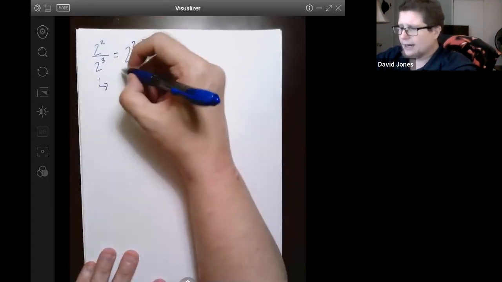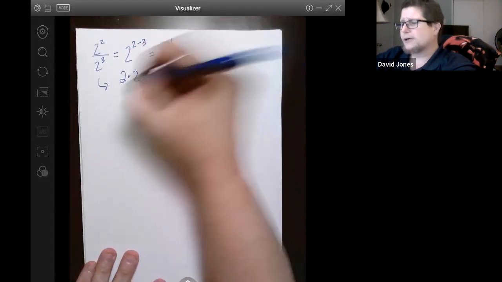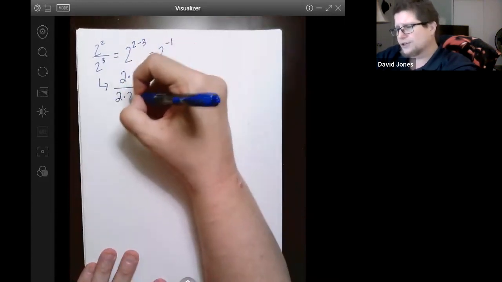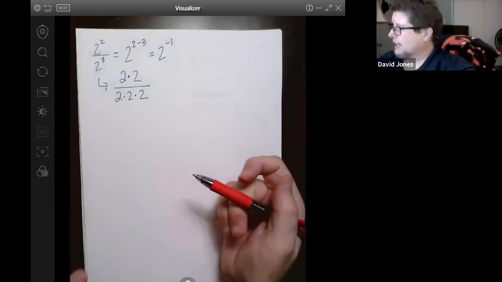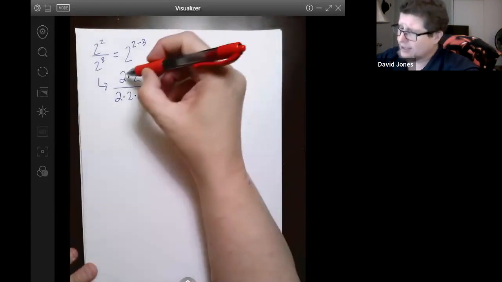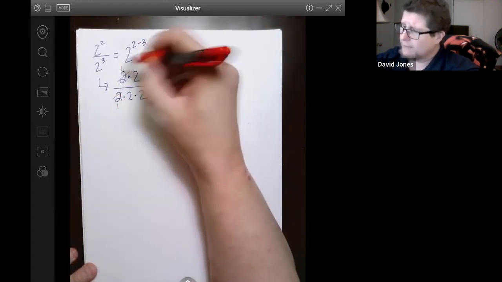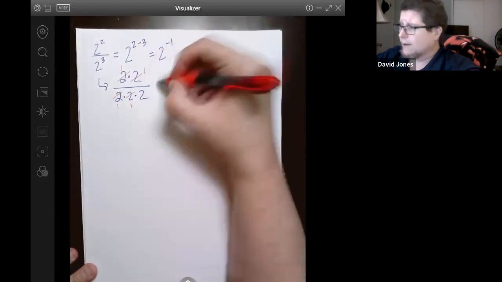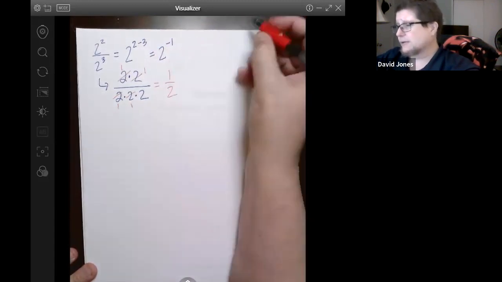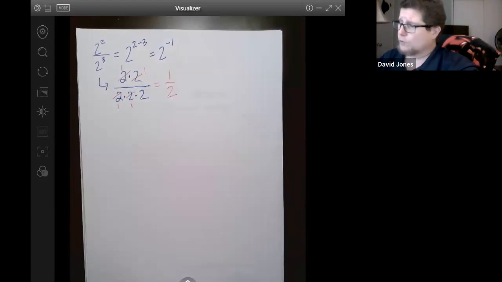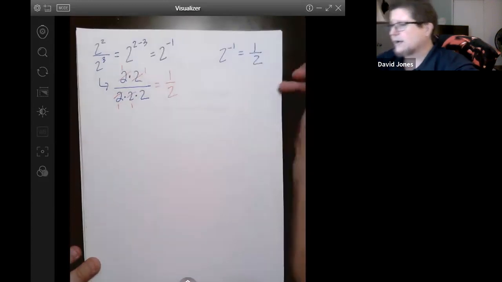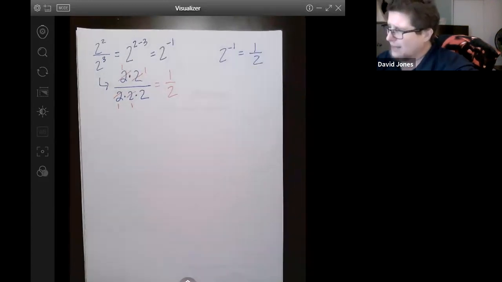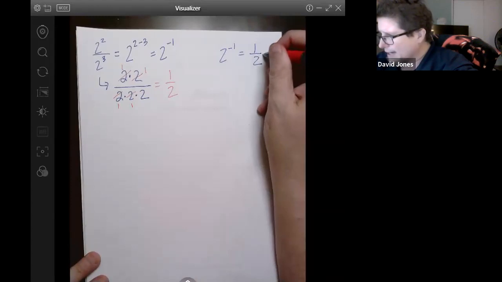Alternatively, I can write it out. 2 squared is 2 times 2. 2 cubed is 2 times 2 times 2. If I cancel out similar terms on top and bottom, I'm left with 1 over 2, which means 2 to the negative 1 equals 1/2.